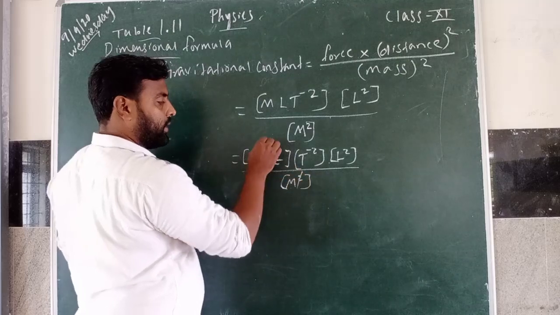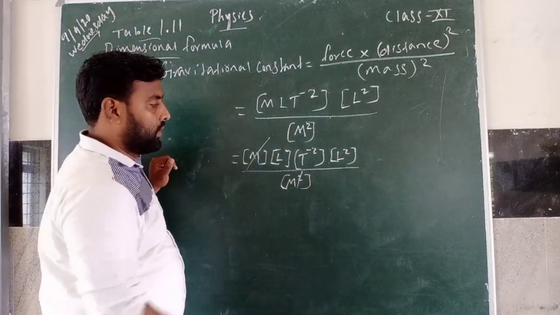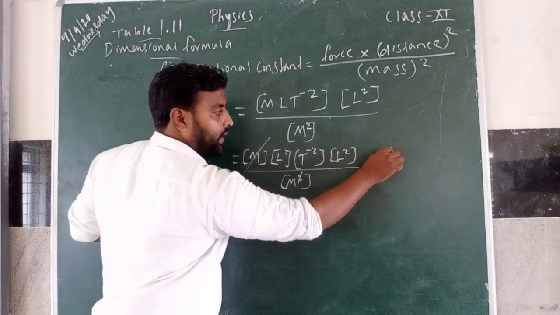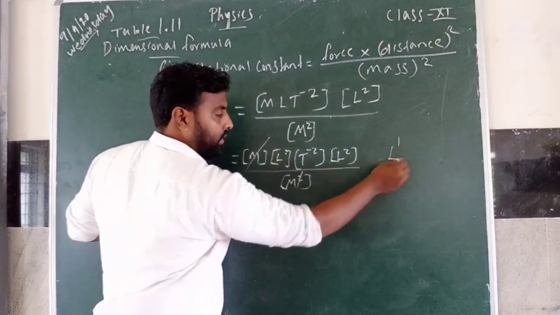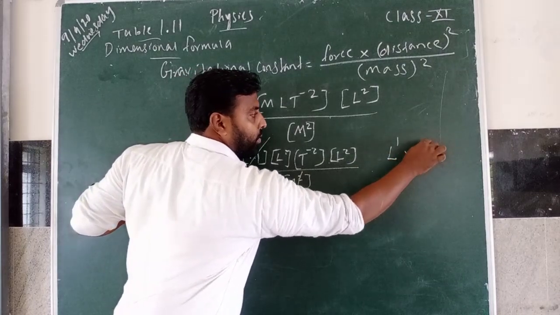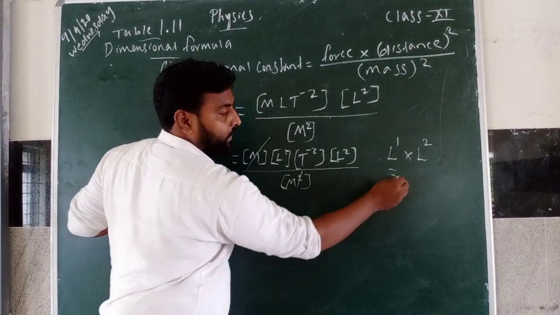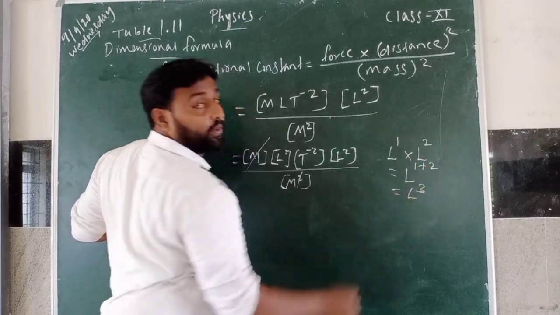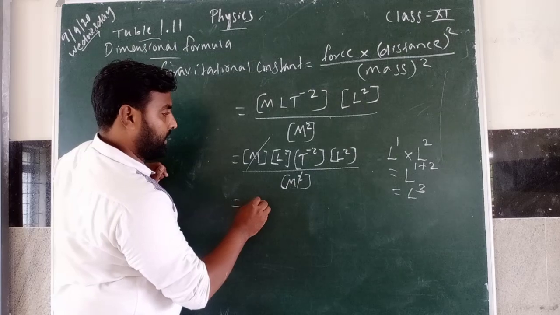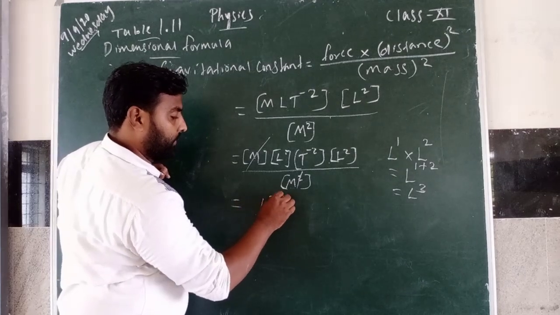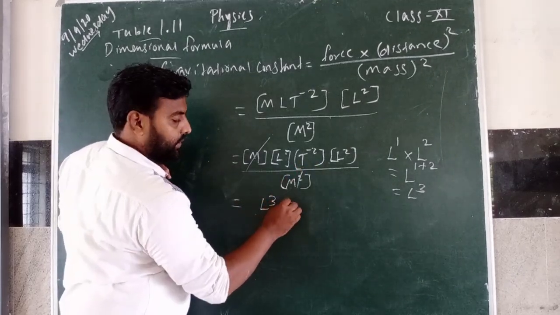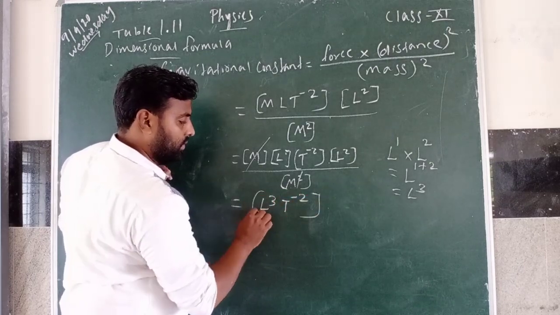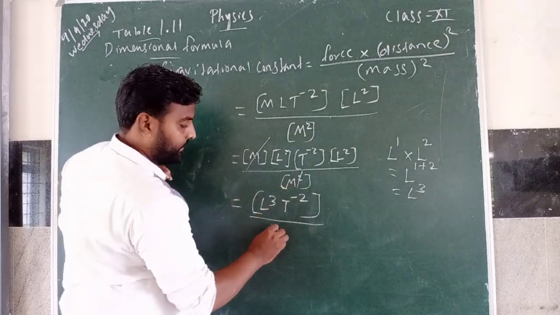Cancel one M, M and M. Now L, here 1 is there, here 2 is there. So L power 1 into L power 2, what will come? L power 1 plus 2. So L cube will come. So L cube T power minus 2 divided by M.